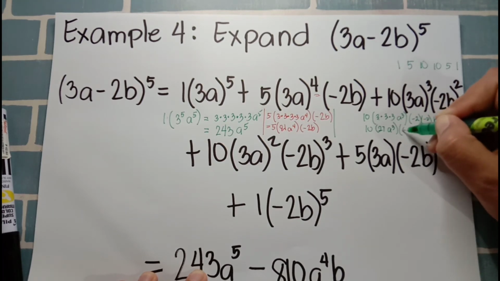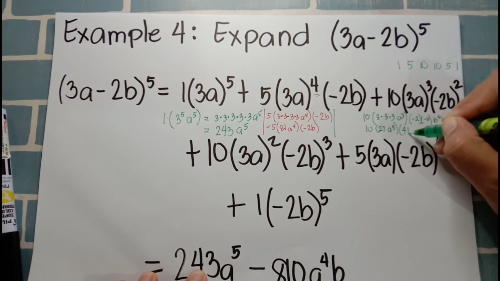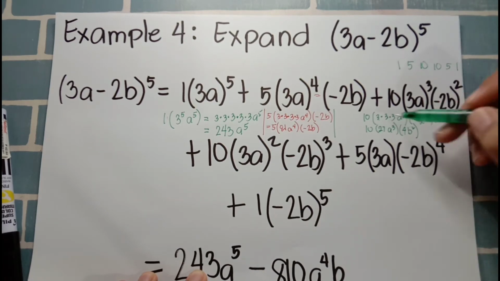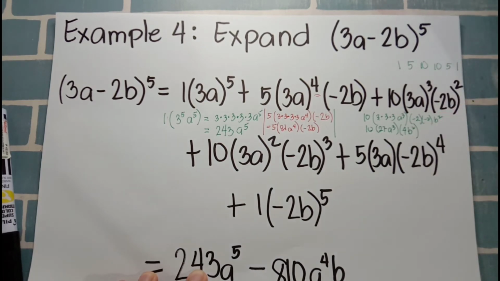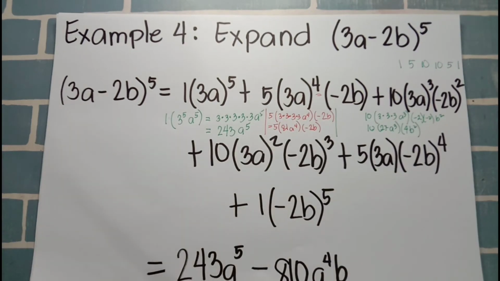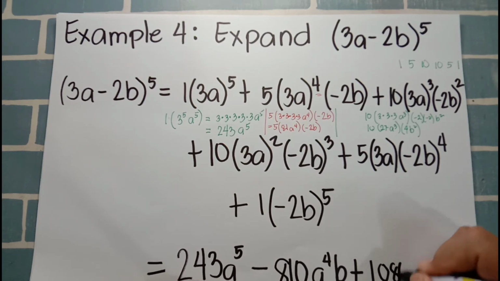Negative 2 times negative 2 is positive 4, b squared. So 10 times 27 times 4 is positive 1080 a cubed b squared.